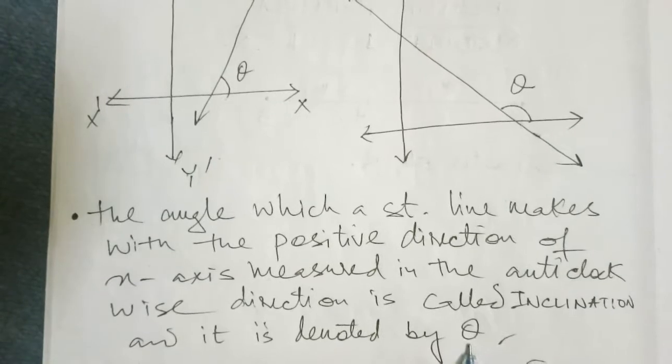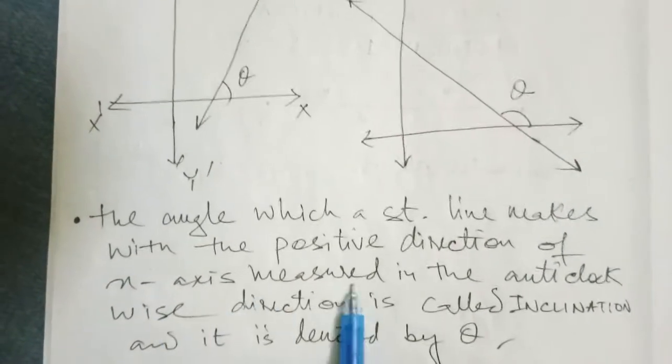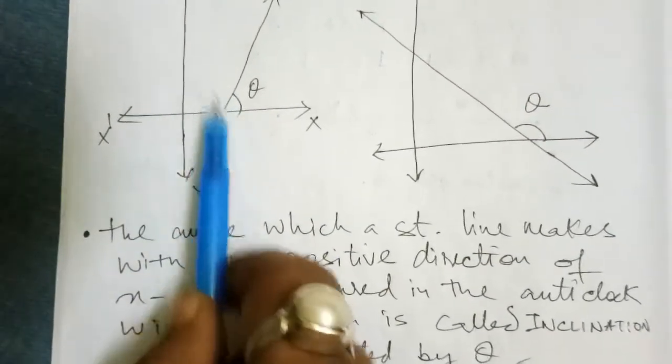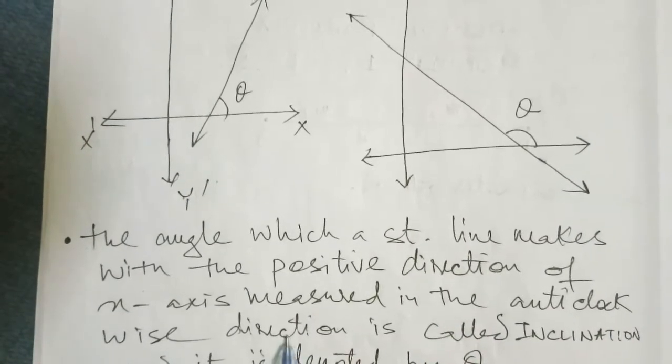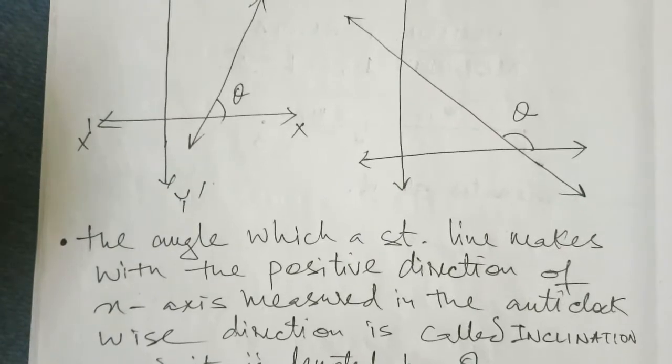This angle is called theta. That means it is measured anti-clockwise from the x-axis. Here it is given that the angle in the anti-clockwise direction is called the inclination, and it is denoted by theta.